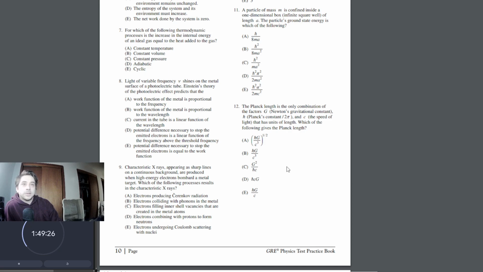It's been a while since I've seen Planck. Guessing this one. Is it A? I mean, oh, I don't know that answer.